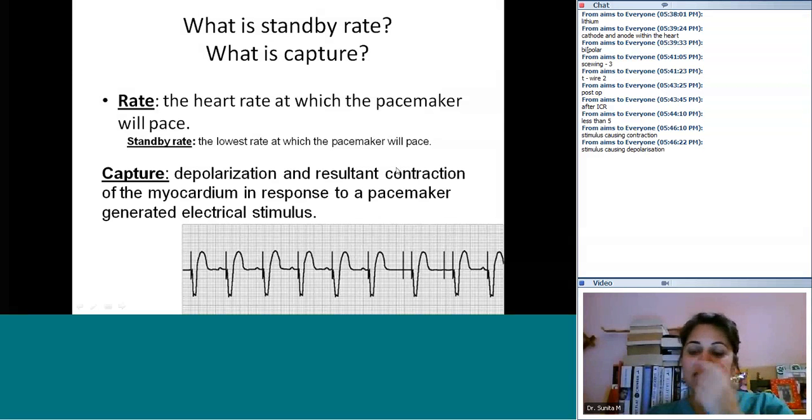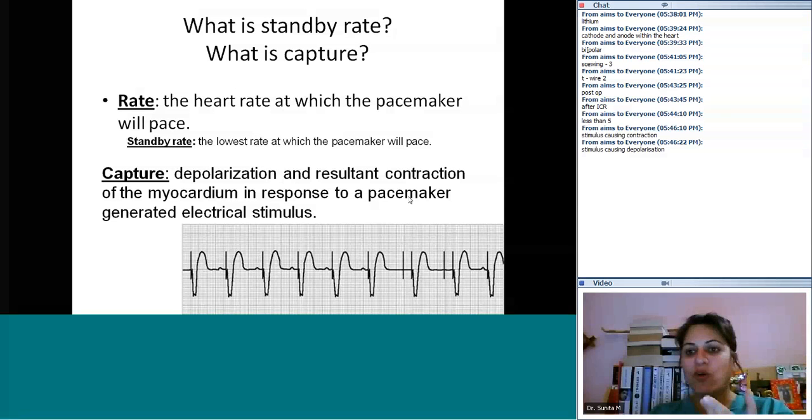That's right. So yes, if the question is it stimulus causing contraction or is it stimulus causing depolarization, right? So it really is, when you talk about capture, you mean that there is depolarization and a resultant contraction of the myocardium. So both have to really occur in response to that electrical stimulus. So just saying a stimulus causing depolarization is probably not enough. A stimulus causing depolarization with resultant contraction of the myocardium is capture.